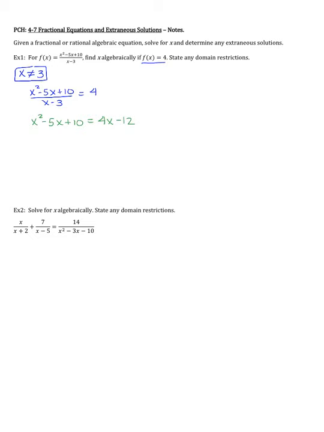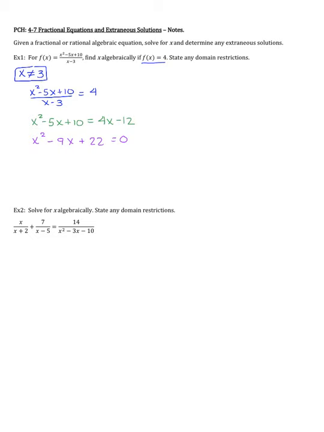And so we have this equation, and we want to combine all our like terms and set it equal to 0 since it's a quadratic. So I'm going to have x squared minus 9x plus 22 equals 0.